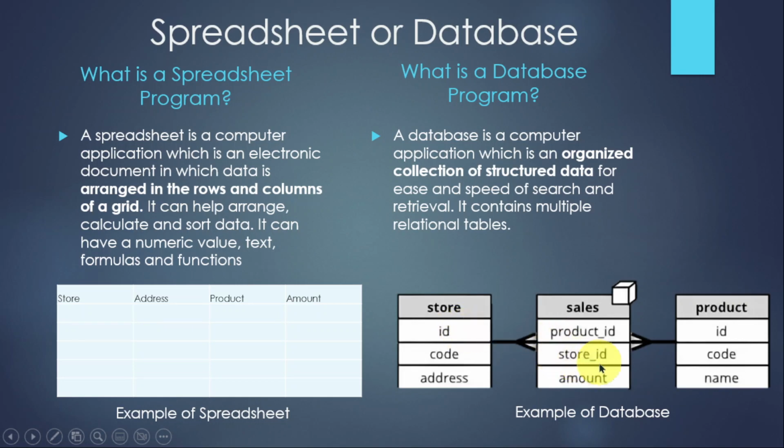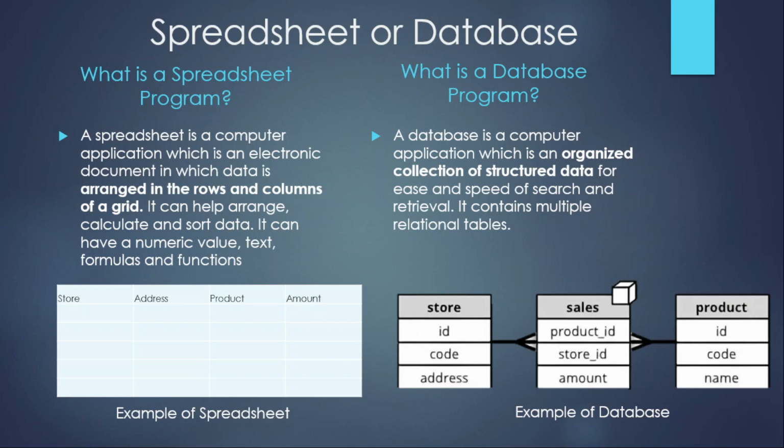So basically a database is a collection of more than one table that are related, and a spreadsheet is a flat table without any native relationship.